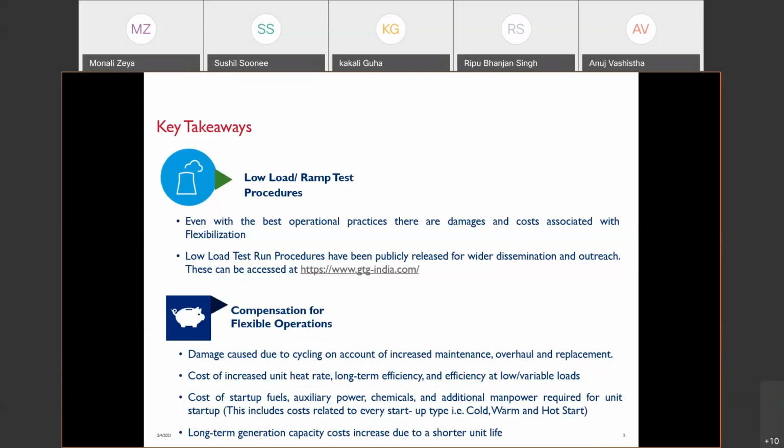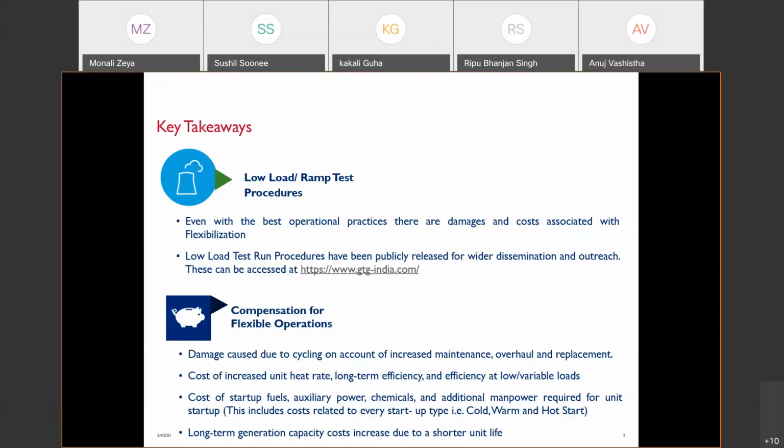Those are still being discussed by the respective regulators. But I would like to mention here that in India, the compensation for flexible operations at 50% already exists through the IEGC 4th Amendment regulation, the Indian Electricity Grid Code regulations.